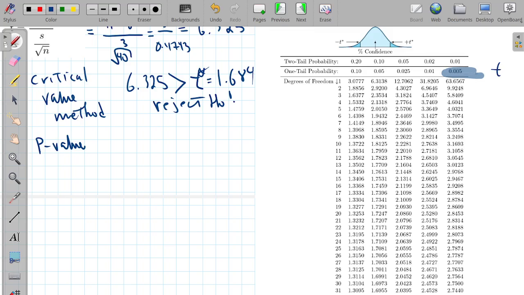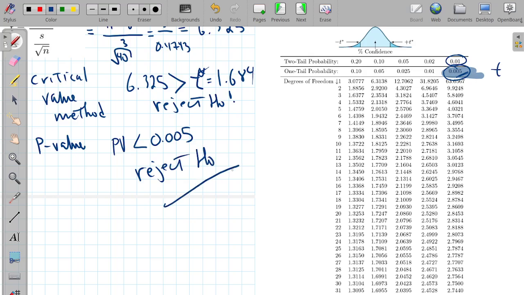That means the p-value has to be smaller than either this or this, if it's a one-tail or a two-tail hypothesis test. Well, it's a one-tail, so we have this. So the p-value method says that the p-value is less than 0.005. The conclusion remains the same. We reject H null. There we go. Let's carry on.